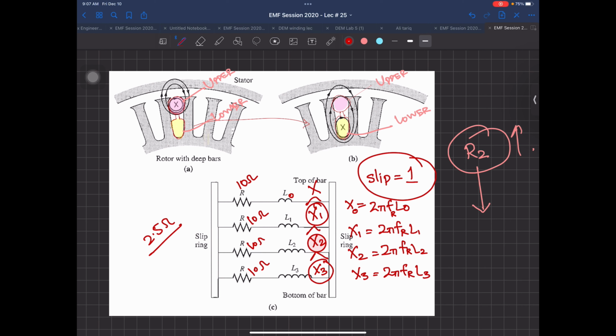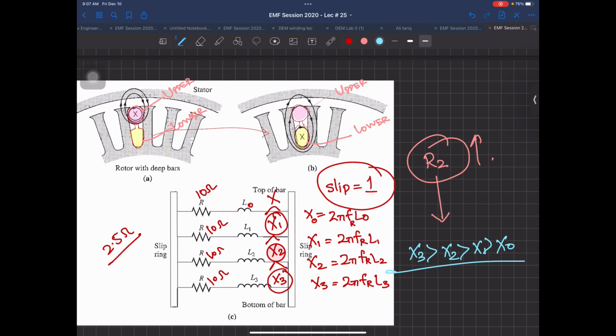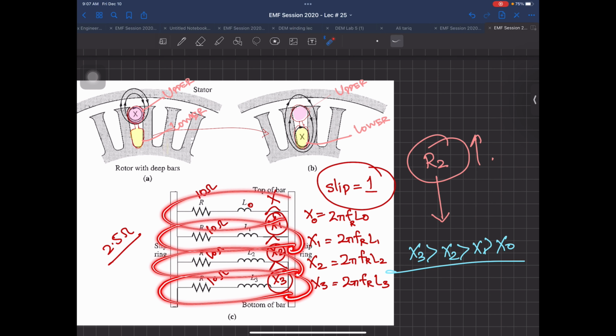And you can easily say from this, because L3 is greater than L2, L2 is greater than L1, L1 is still greater than L0, so your X3 is greater than X2, which is greater than X1, and greater than X0. Now when this is the case, your impedance of the lower branch is larger compared to the other branches.